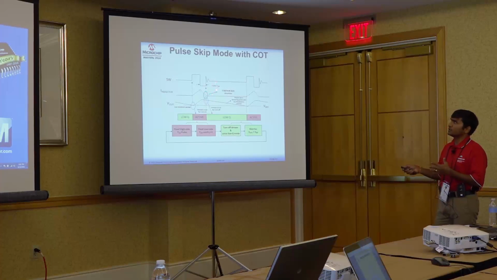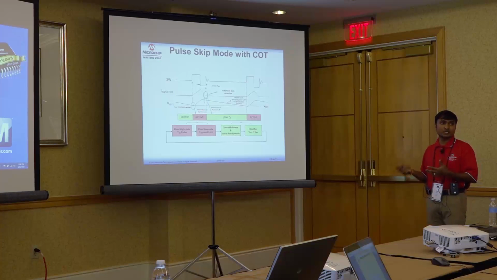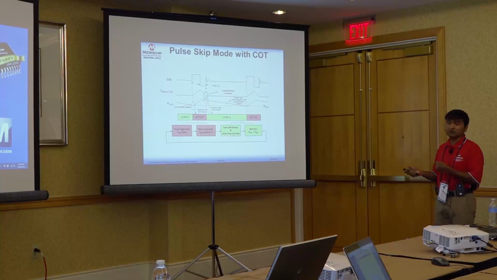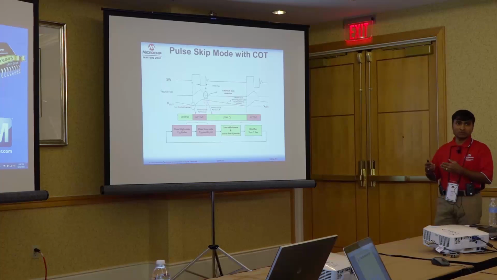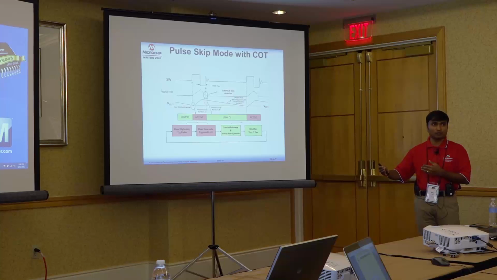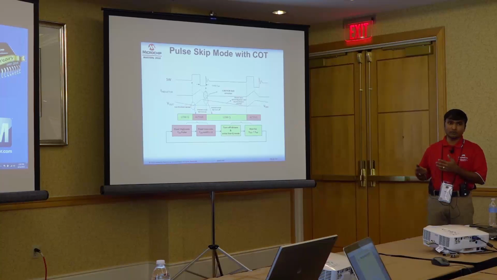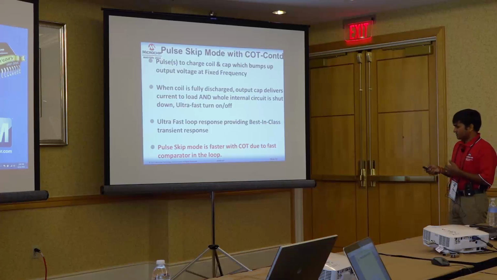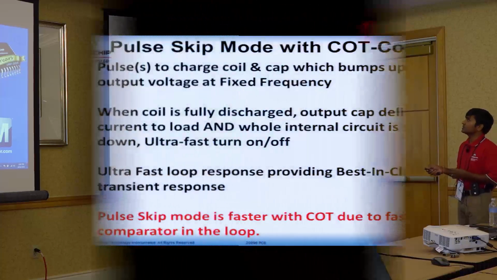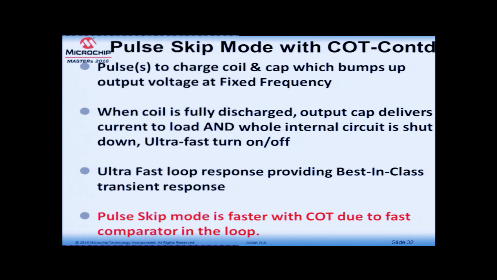So, that is why the pulse skip mode is very much inherent to the constant on time architecture, and also the transition from the light load mode to the full load mode is very smooth and very fast. Okay, so, the same thing I wrote here, pulses charge the coil and cap which bumps up the output voltage at a fixed frequency.